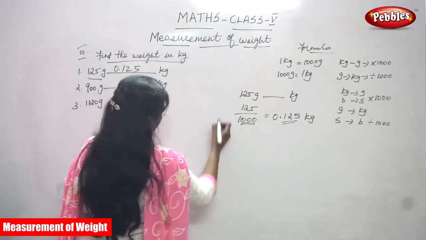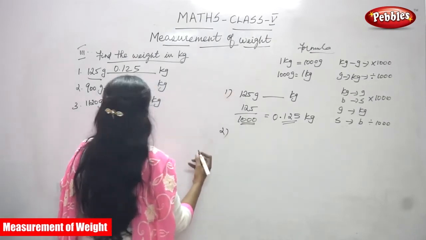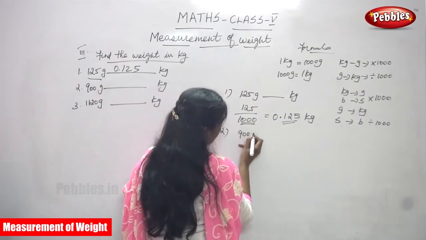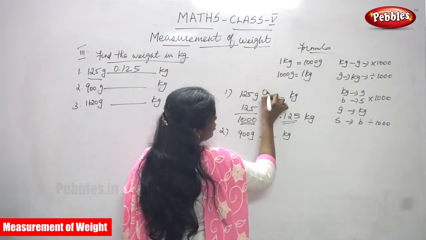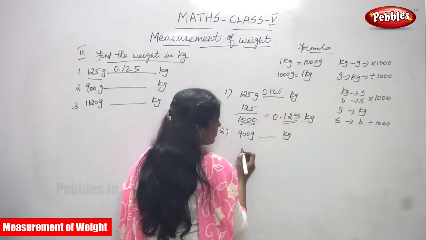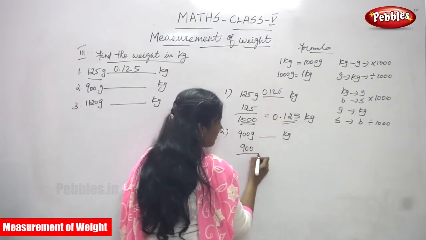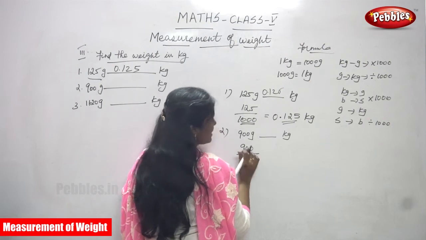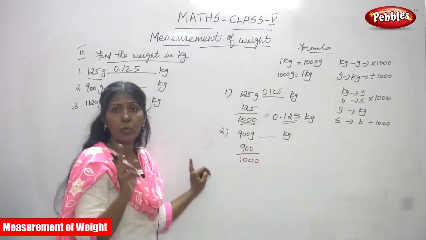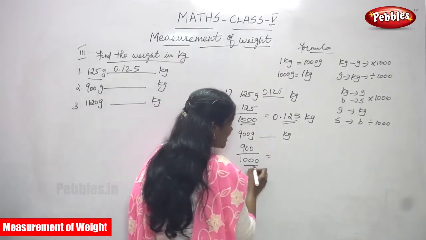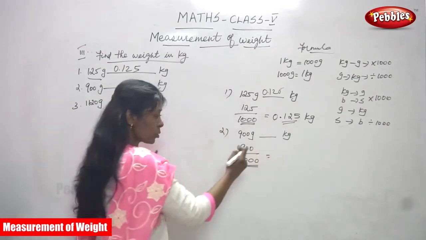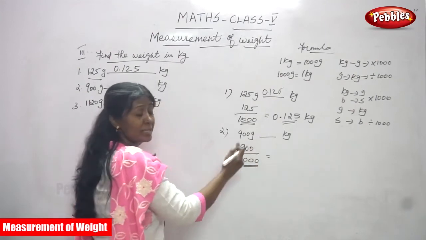After this, next sum. First sum is over. Second sum: 900 gram. Again you have to convert into kilogram. So here 900 divided by 1000. I told you 1000 gram is equal to 1 kilogram. How many zeros in 1000? 3 zeros. So you have to move 3 decimal places to the left.